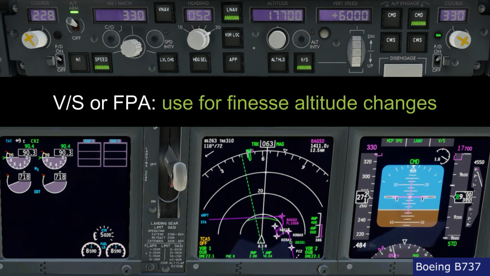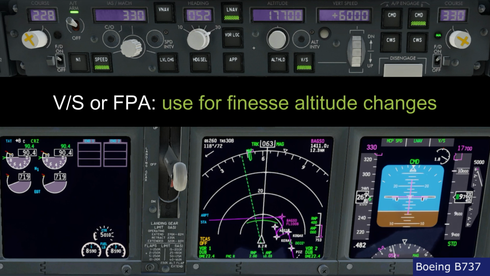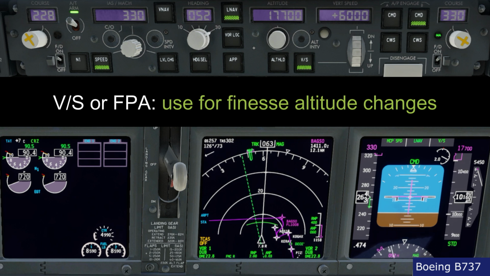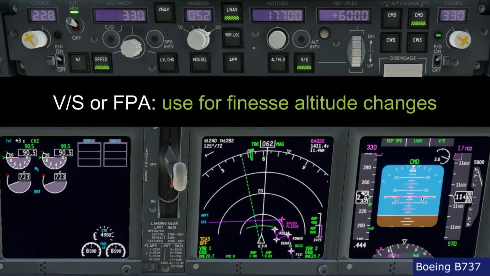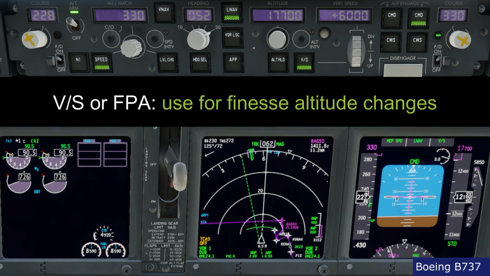So making use of vertical speed for a high rate of climb or descent is quite dangerous, because you see in this situation I'm bringing the aircraft towards the stall, and the loss of speed will occur quite fast. Now there are reversion modes that will cause the aircraft to go in level change at the minimum speed, but it's a reversion mode that does not give you any real guarantee that the system will actually work.